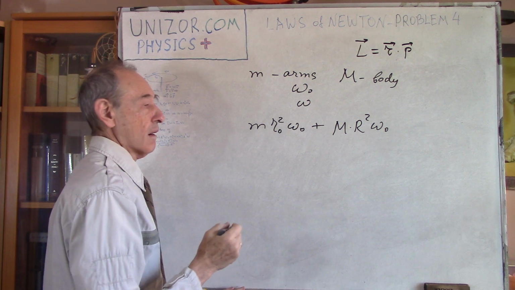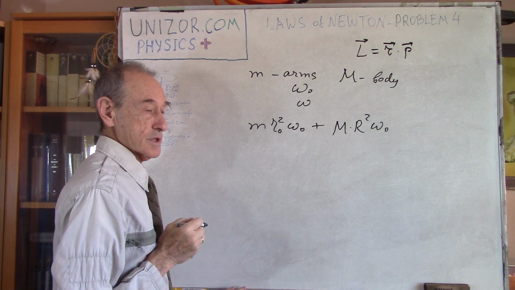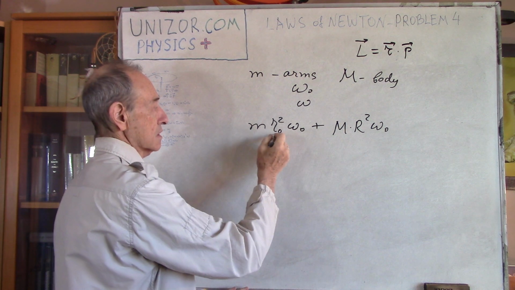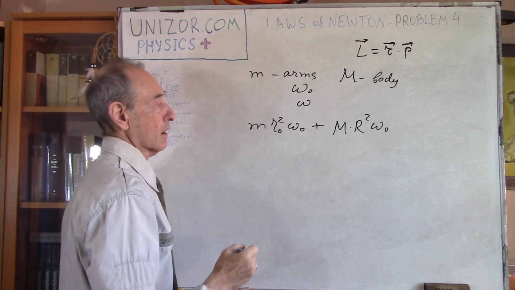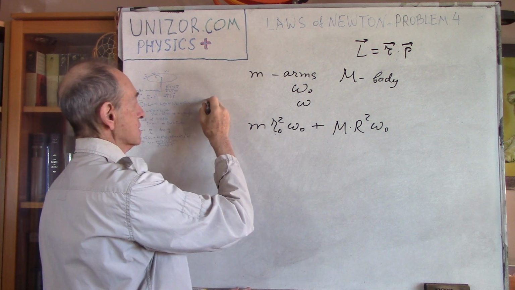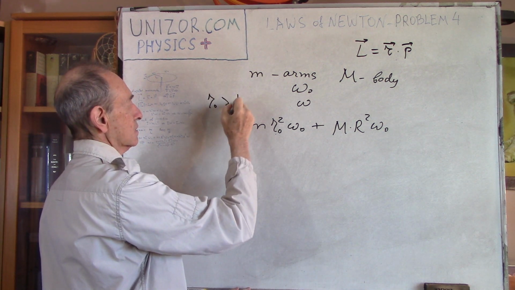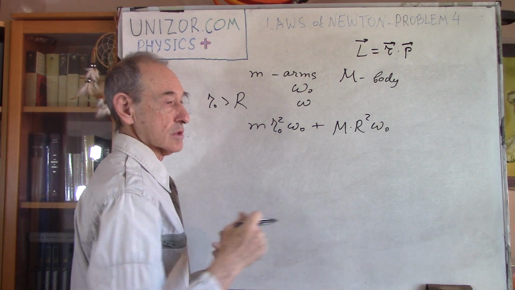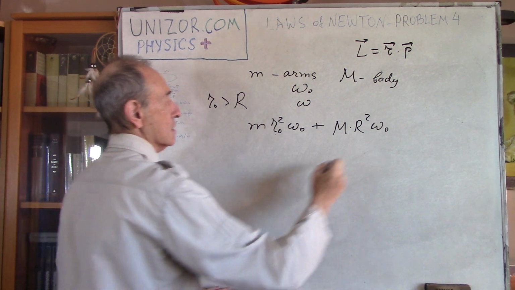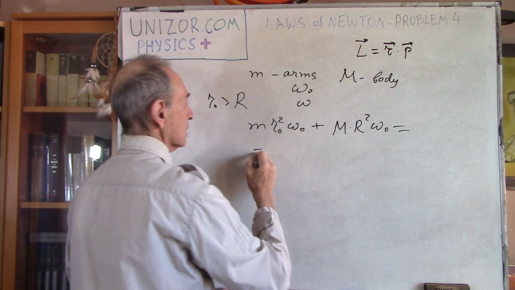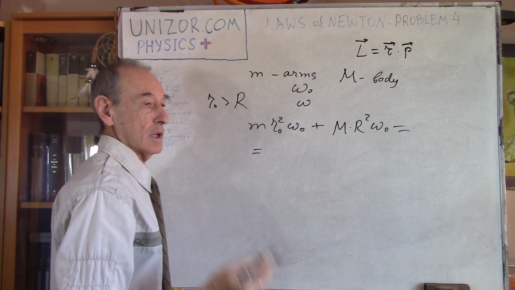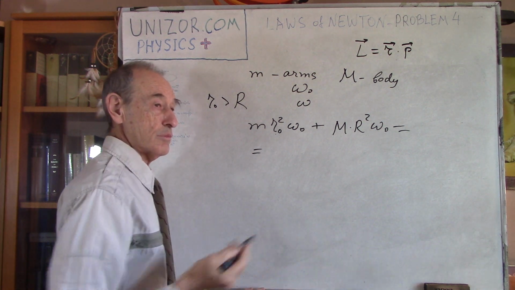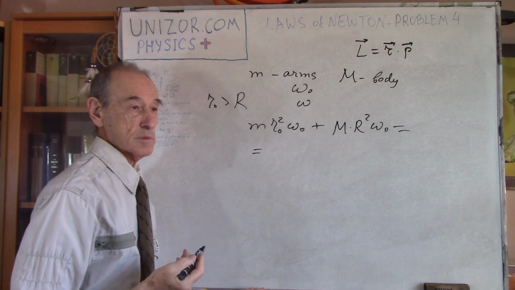Now, when we bring the arms towards the body, the arms will be on the same radius as the body. Instead of r0, it will be radius R. And by the way, r0 is greater than R, obviously. The radius of rotation of the arms is greater than that of the body. So now this is supposed to be the total angular momentum after we brought the arms towards the body.